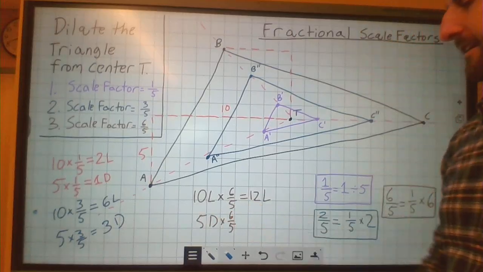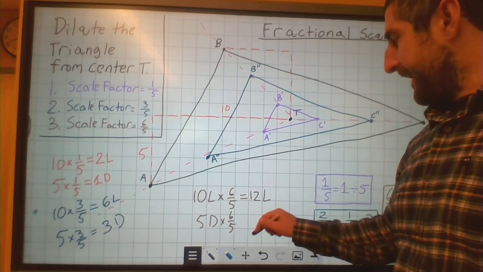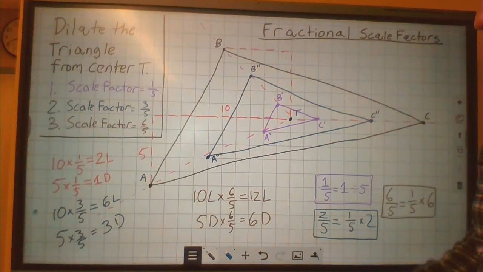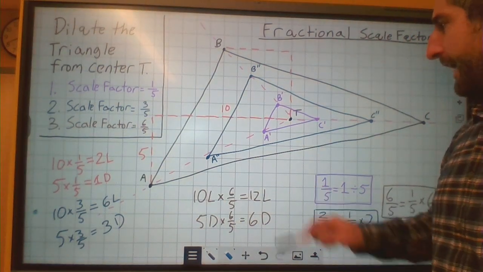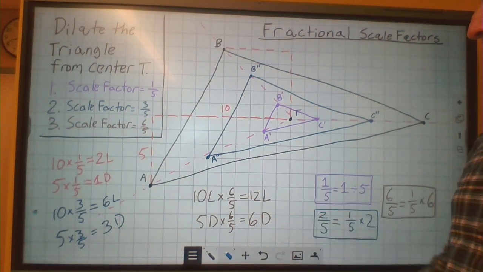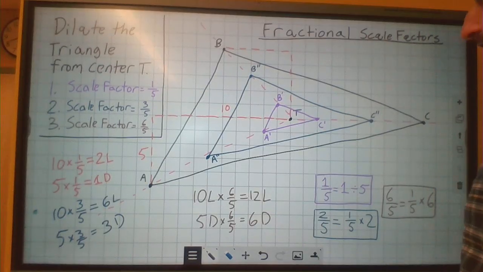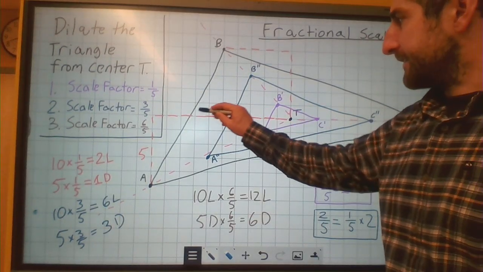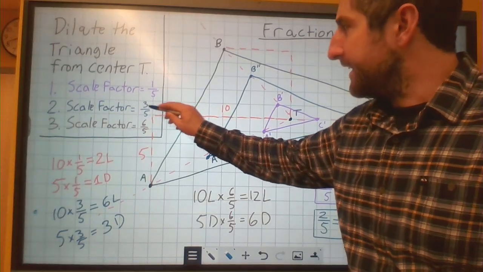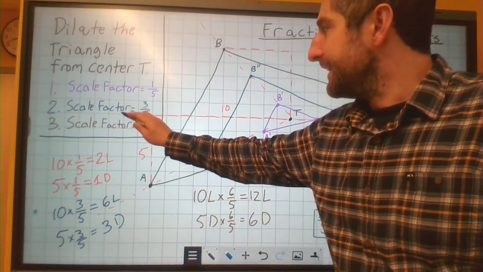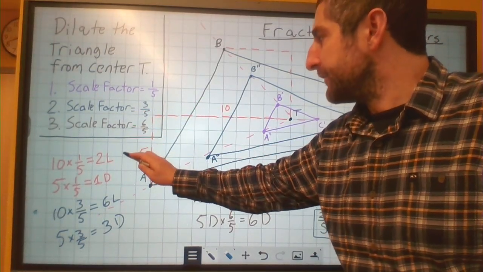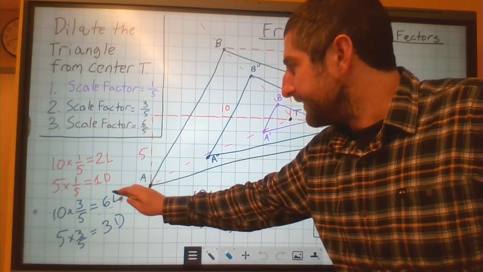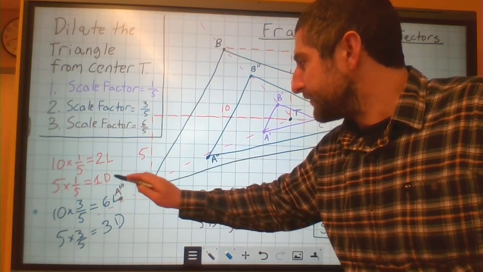Well, 5 times 6 is 30. 30 divided by 5 is 6. So our A prime should be 12 to the left and 6 down from the center. So we'll go 1, 2, 3, 4, 5, 6, 7, 8, 9, 10, 11, 12. And then 6 down. 1, 2, 3, 4, 5, 6. There's a triple prime.